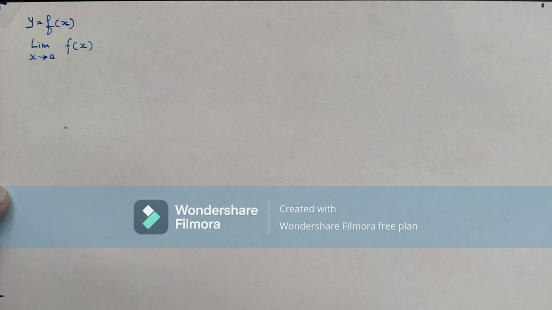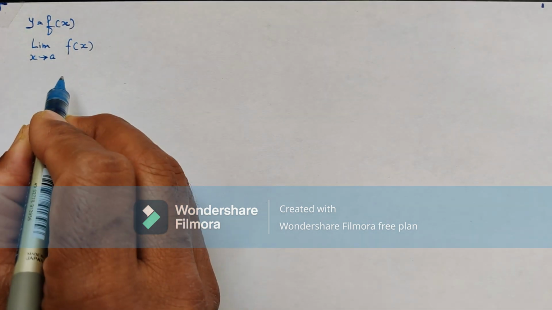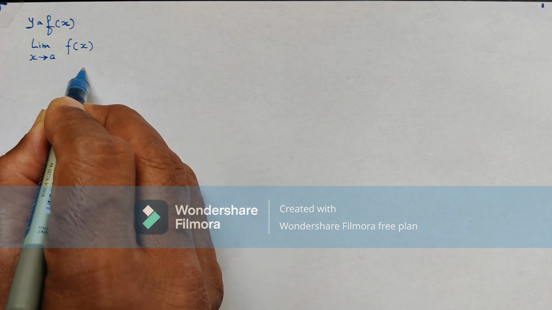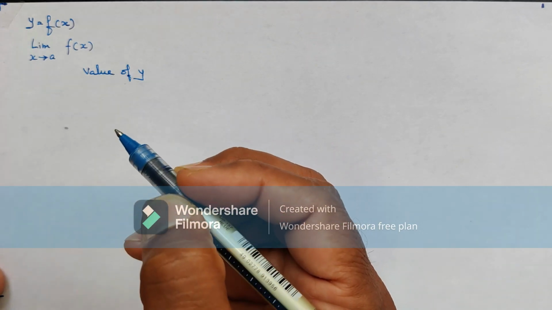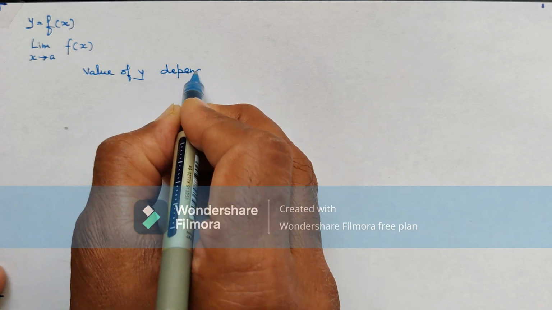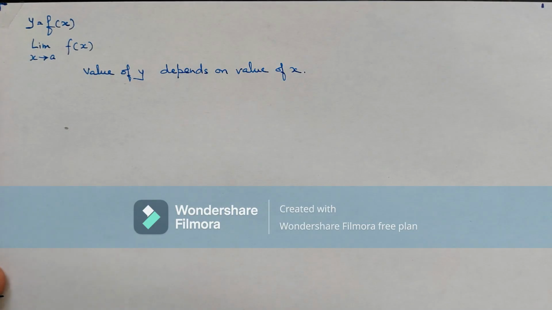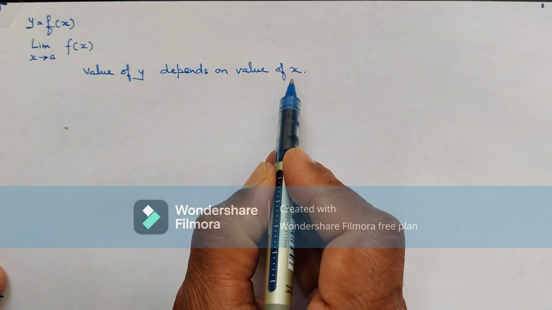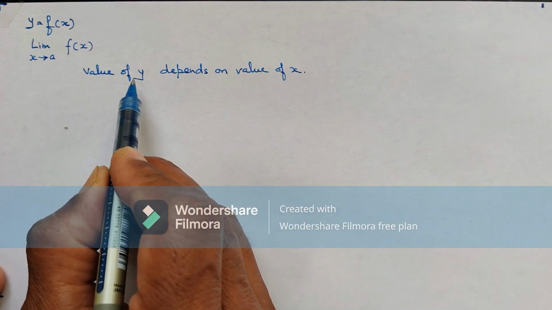What is a function? Function is a word often used not only in mathematics but also in normal English communication. Some quantity y is a function of another quantity x simply means that the value of y depends on the value of x, or the value of x determines the value of y.